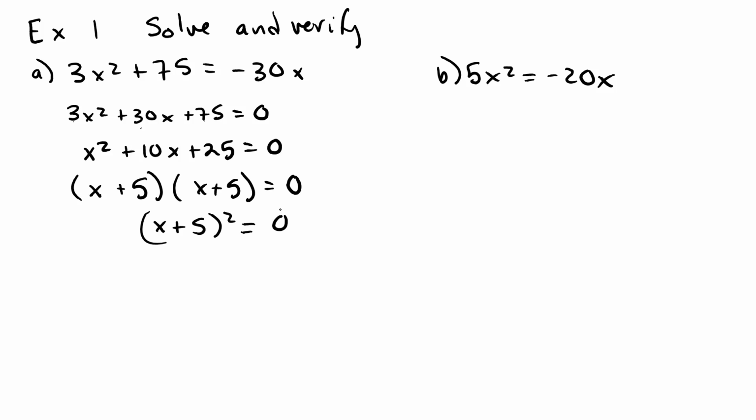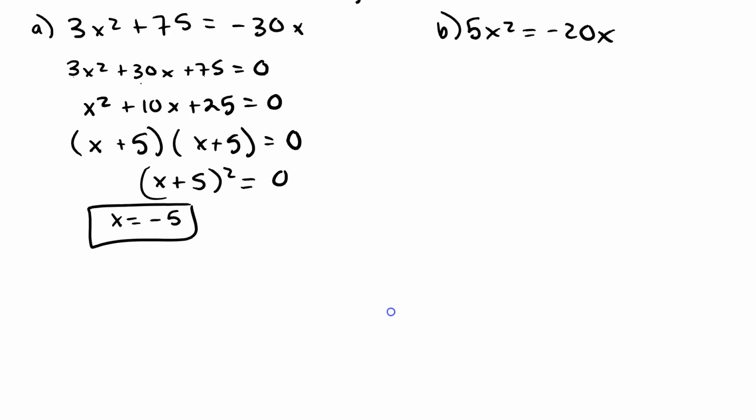If I were to solve this, I know that x equals negative 5, because if I set x equal to negative 5 here, it would be negative 5 plus 5, which would equal 0. So let's verify it.